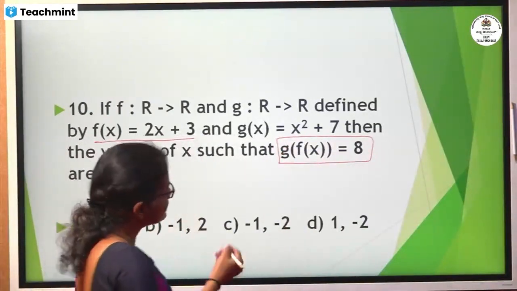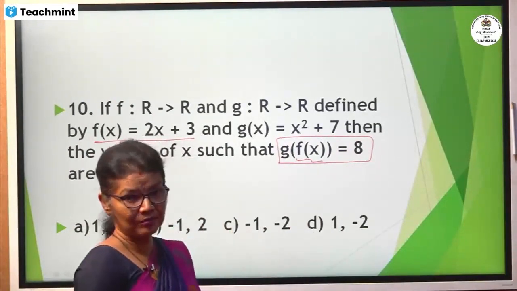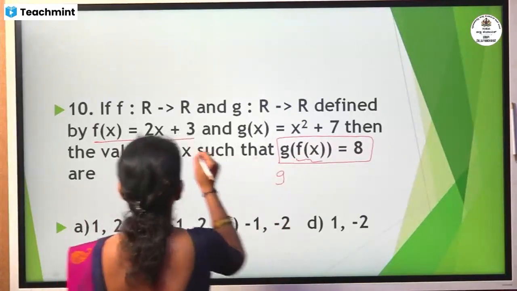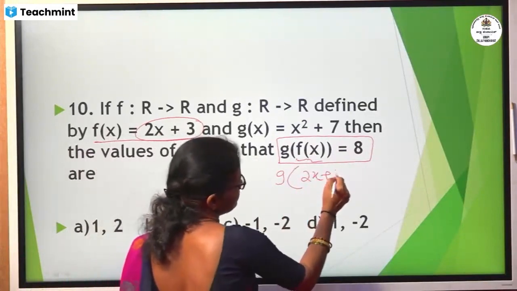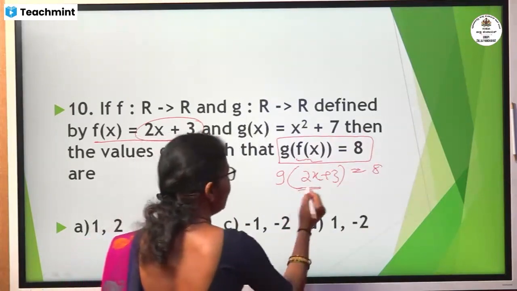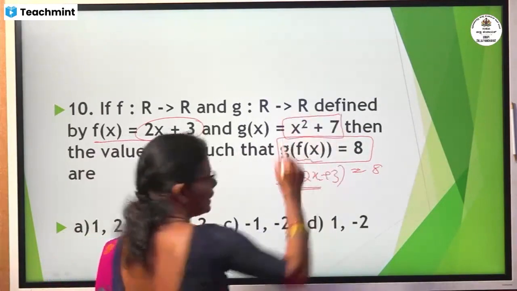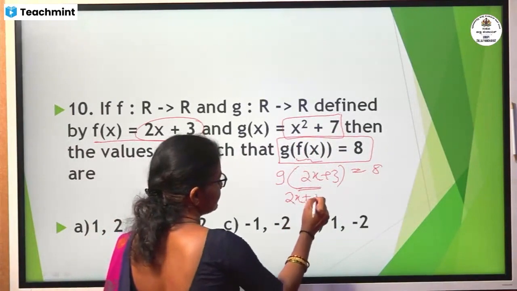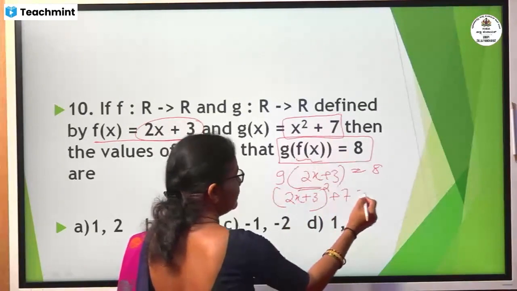Go on simplifying one by one. First, we have to solve the term which is inside the bracket, that is f of x. So f of x is given, that is 2x plus 3. So g of 2x plus 3 is equal to 8. The g function is also given, that is x square plus 7. Now we have 2x plus 3 the whole square plus 7 must be equal to 8.